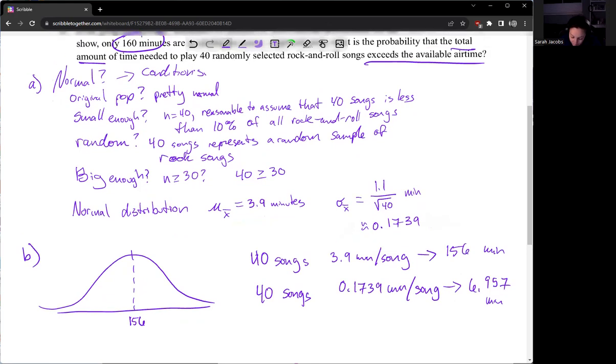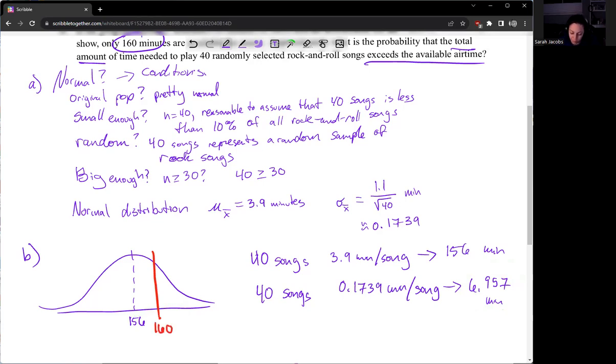Now, the question is asking about that 160 minutes. And 160 minutes is going to be to the right of our mean and less than one standard deviation to the right. So I'm going to say 160 minutes is like here, a little bit before that inflection point.